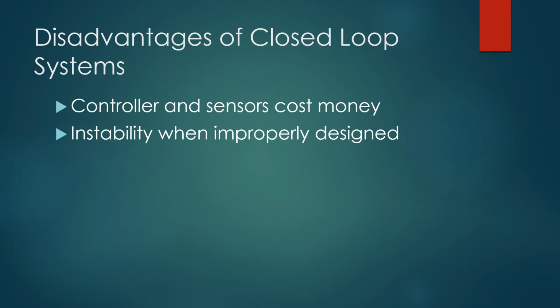Another disadvantage of a closed loop system is that when it is improperly designed, it can cause instability in the system. Remember that a closed loop system compensates for any differences between the output and the desired output.